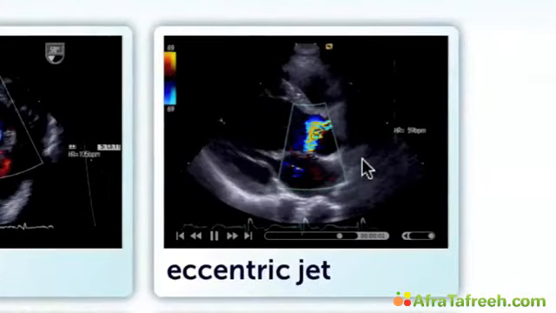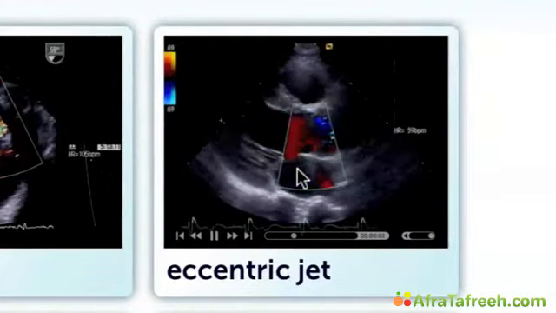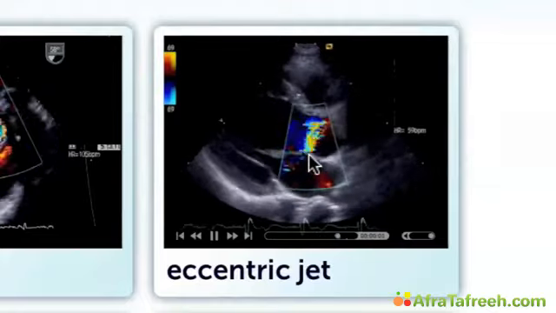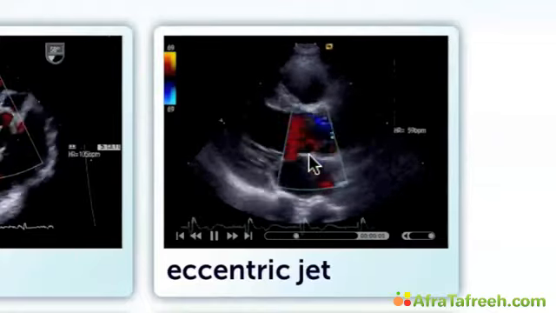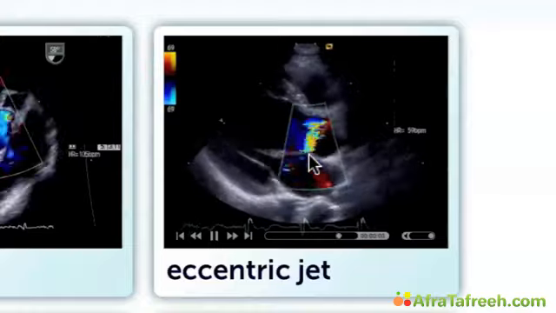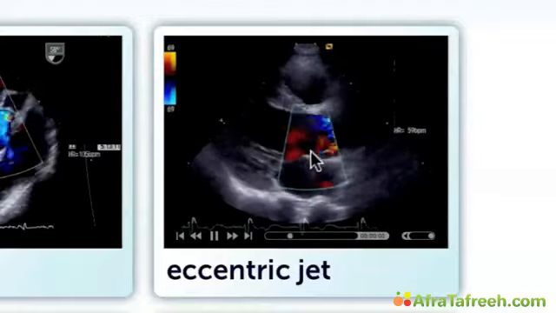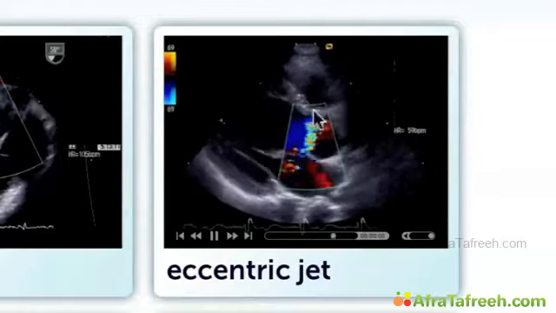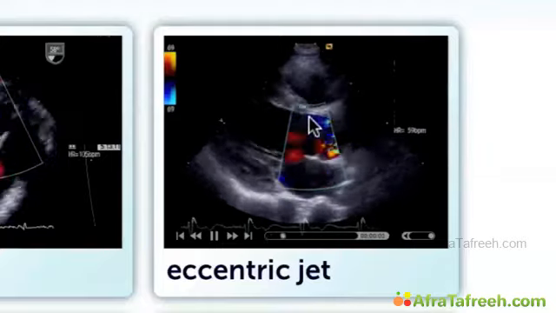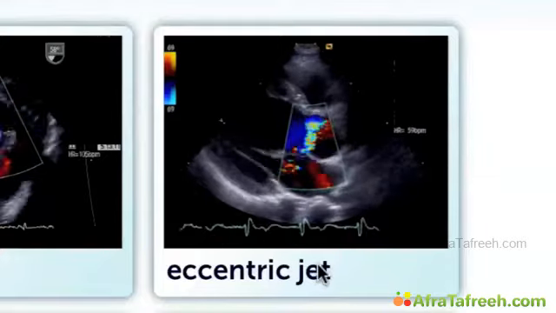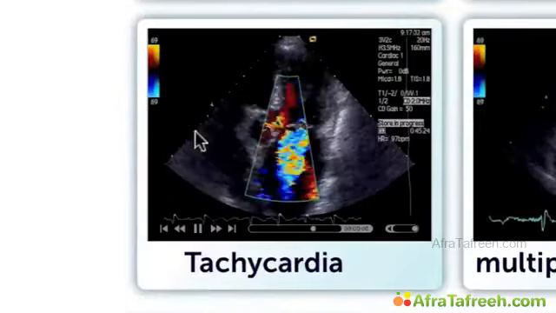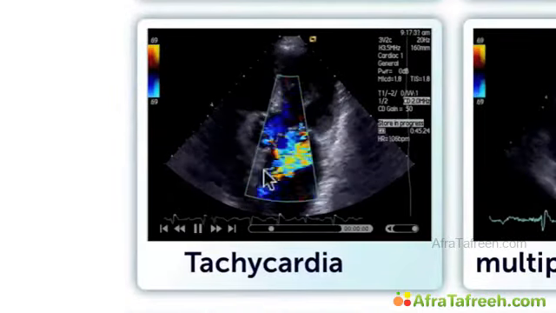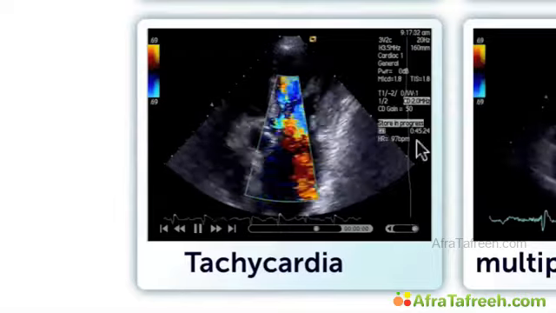This is an example where you have a very eccentric jet. In this case, you do not even see the vena contracta and you do not see the proximal flow convergence zone, and you cannot really calculate a ratio between the jet and the LVOT since it's just crossing the LVOT. Another problem that you encounter sometimes is in patients who have a very high heart rate.